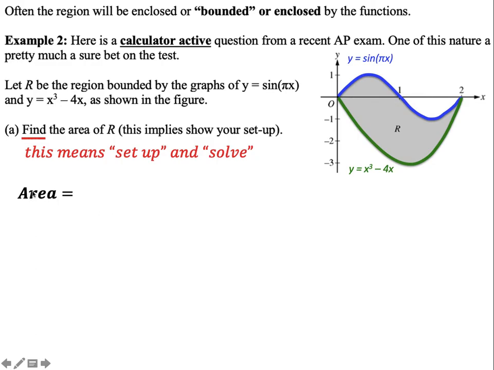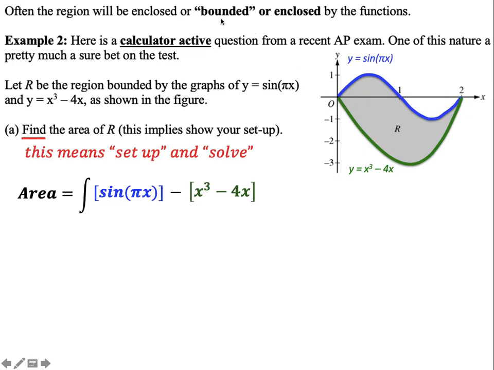So we start out by saying we're finding the area. So area equals. And we know that the top curve is sine pi x. And we have to subtract the bottom curve, which is x cubed minus 4x. And again, I can't stress enough, be really generous with using lots of brackets, so that we remember to distribute that minus sign. We're going to put our integration sign out front, and then we have to find our limits of integration.